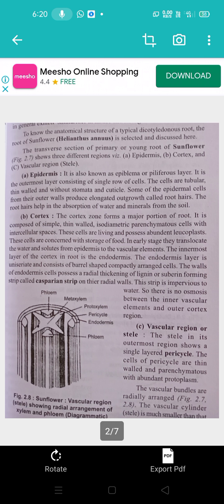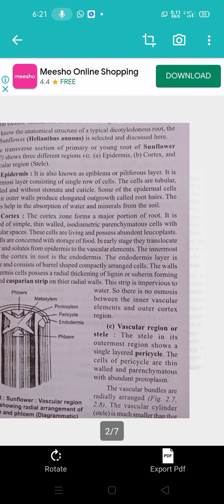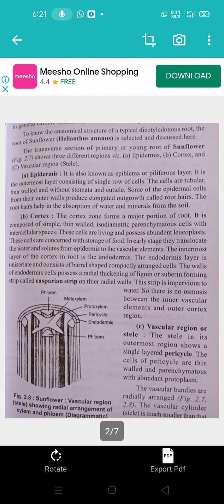This vascular region is also called the stelar region. The outermost layer of the stelar region is called the pericycle. The pericycle cells are thin walled and parenchymatous with abundant protoplasm, and the vascular bundles are radially arranged in a vascular cylinder.